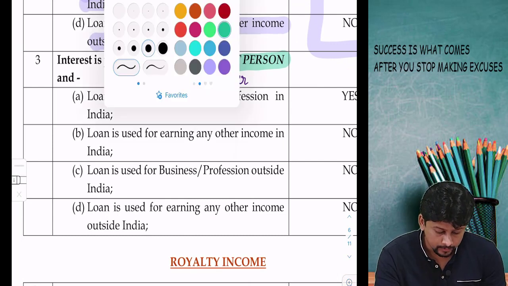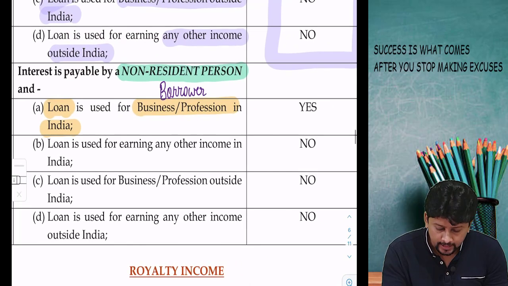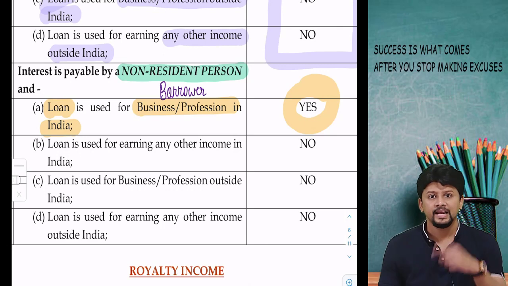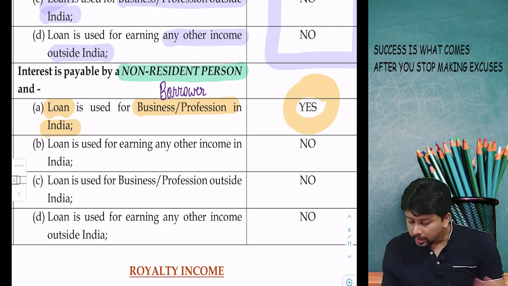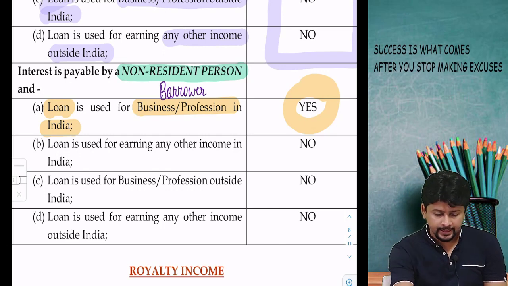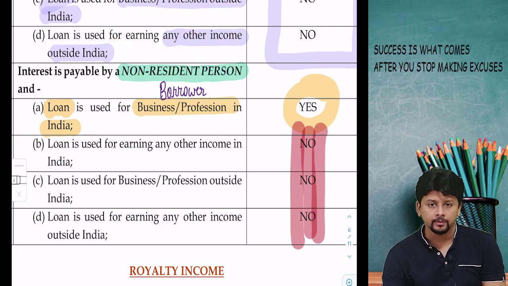If this borrower is using the loan in India for PGBP purposes, only in this one situation, the lender's income is deemed to accrue in India. For all other cases, the lender's income is not deemed to accrue in India. Section 9 is not applicable.